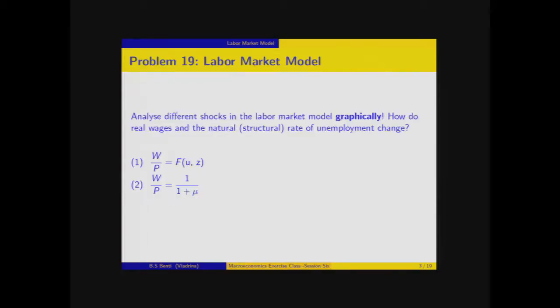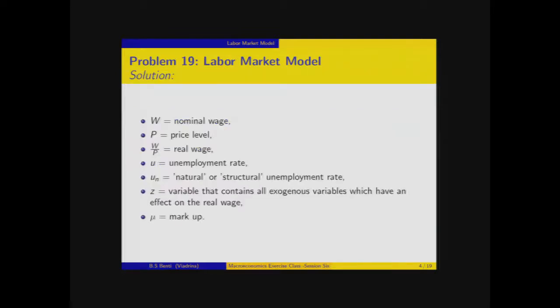U in our formula is the unemployment rate. UN is the natural or structural unemployment rate, which we would see in the later part of this exercise when we do the graphical analysis.